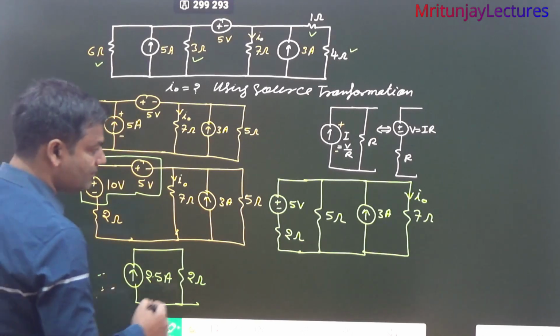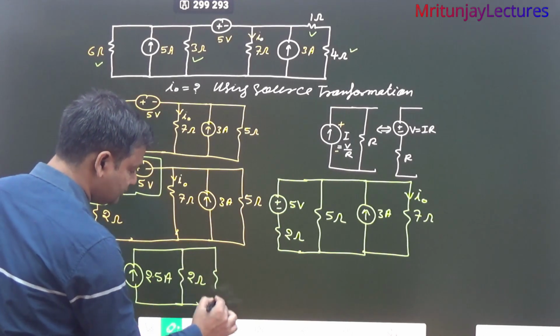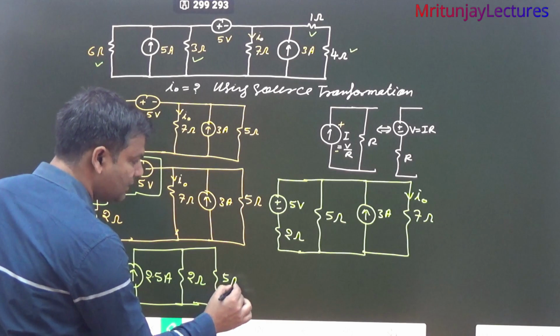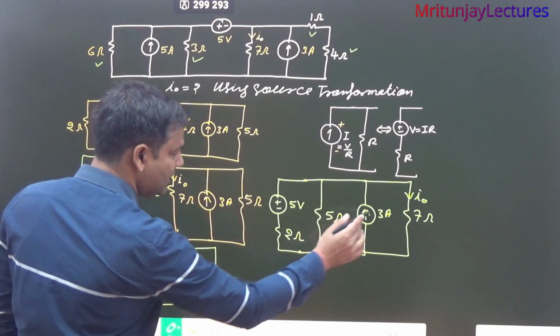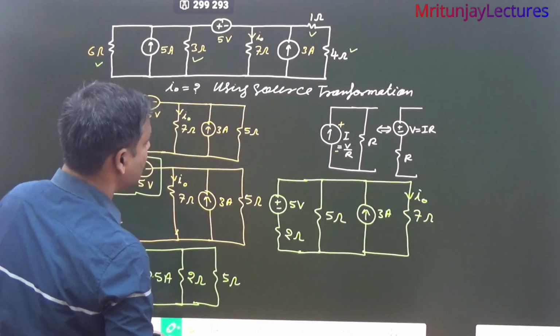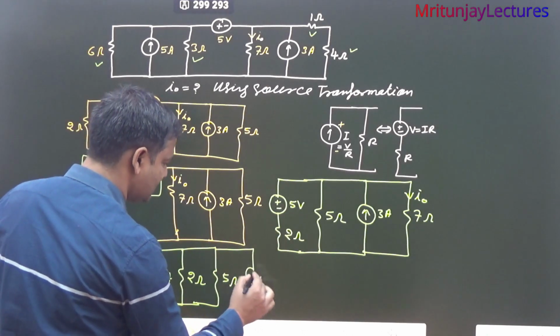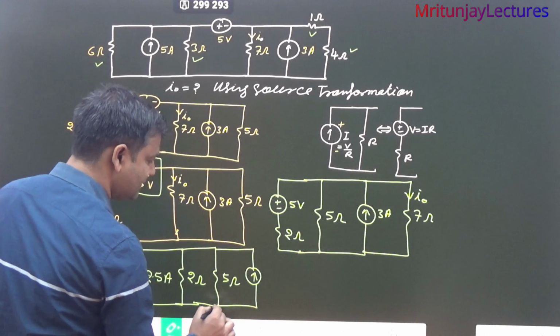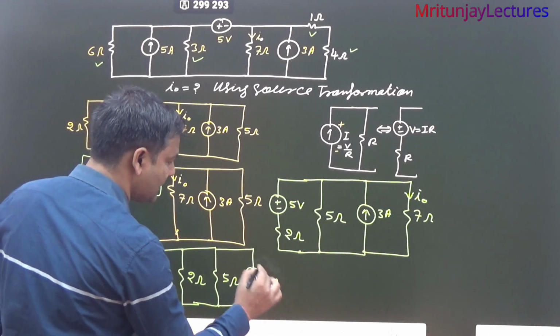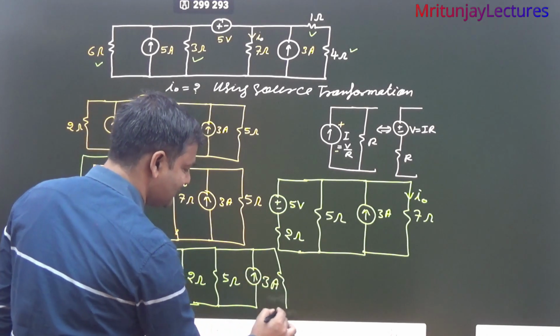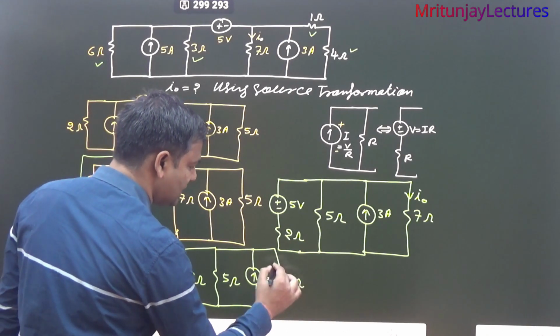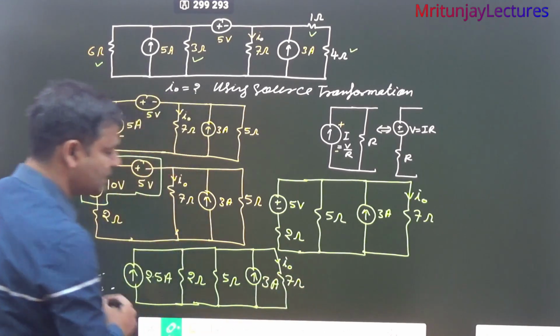After that, that 5 ohm connects here, and that one current is 3 ampere, and then resistance 7 ohm, and current is I naught.